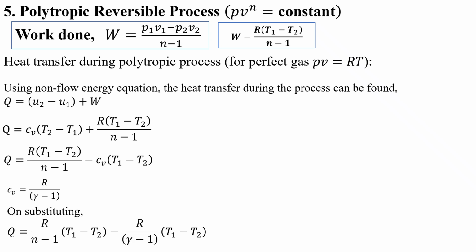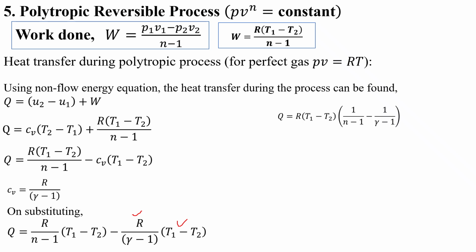Then we have to substitute this CV value as R divided by gamma minus 1. Then Q will become Q equals R divided by n minus 1 into T1 minus T2 minus R divided by gamma minus 1 into T1 minus T2. Here R into T1 minus T2 is common.